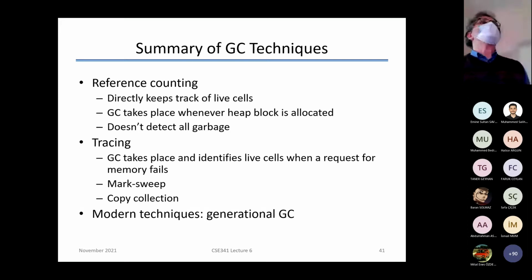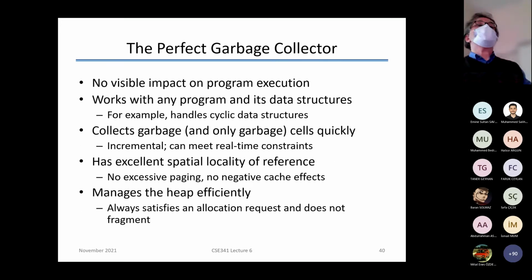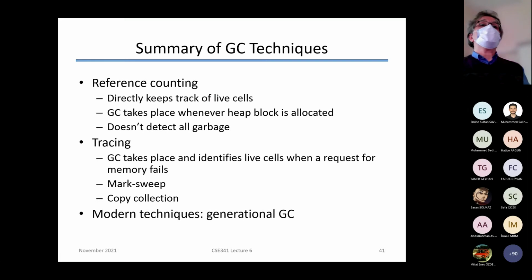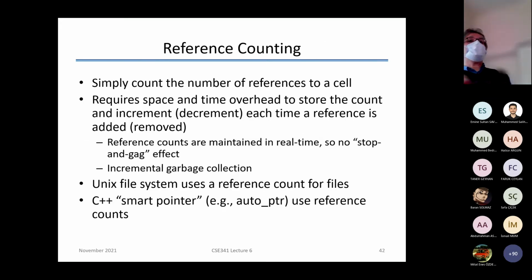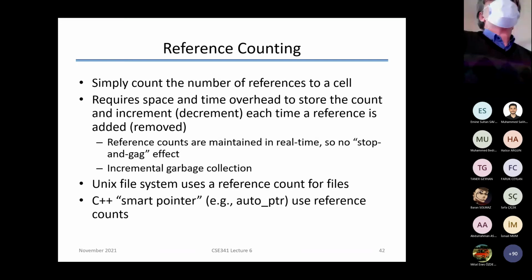There are several algorithms that try to get this perfect garbage collector. They never get the perfect, but they can get close. One easy technique is reference counting, and the other technique is tracing. Let's look at reference counting. In reference counting, you simply count the number of references to a cell.